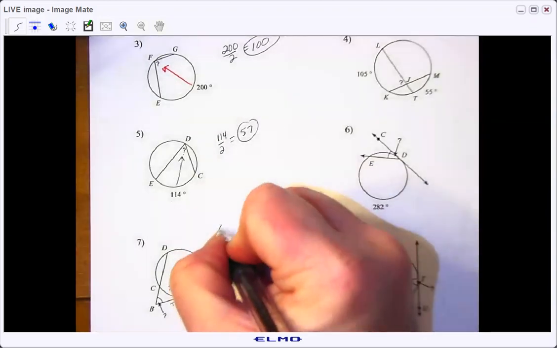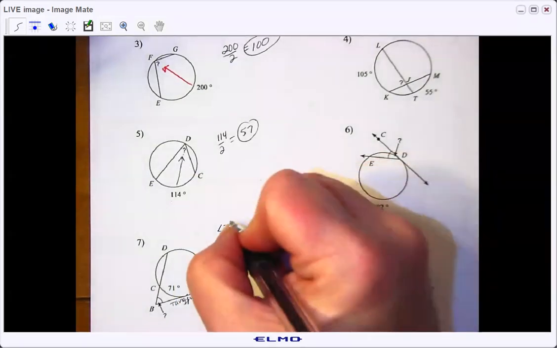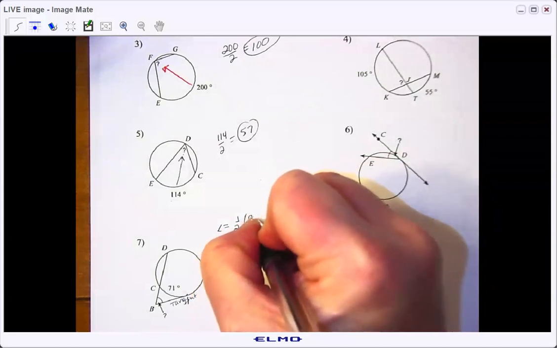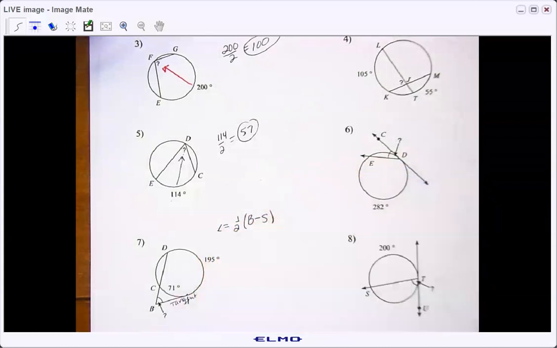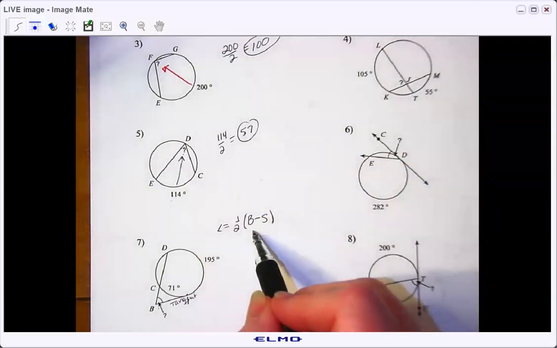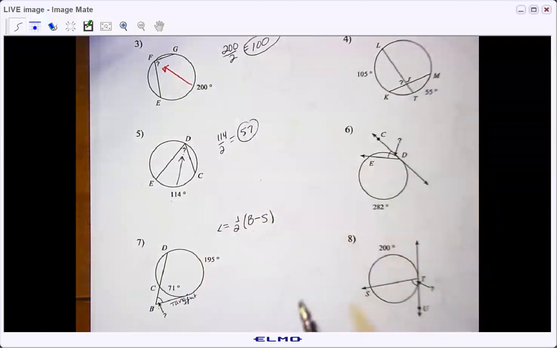So you're going to have your angle or your tail is equal to 1/2 the big arc minus the small arc. Whenever your tail's on the outside, you're going to be subtracting. If you're looking for your angle on the inside, you're going to be adding. That's how you can keep track of that.